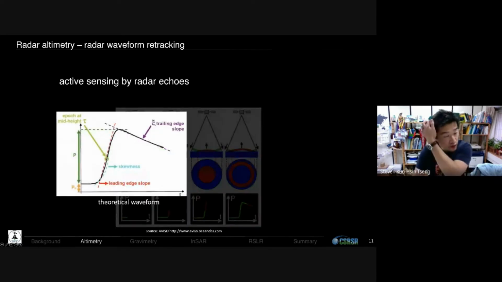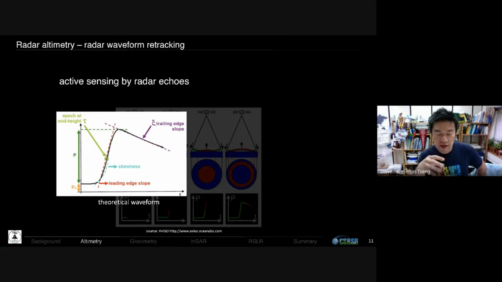From this waveform, we can understand some ocean patterns. For example, there are several parameters such as the skewness and the trailing edge slope. When we analyze this waveform, we can understand if the surface is very rough. Roughness means that when the signal hits all the waves, the scattering is very strong.